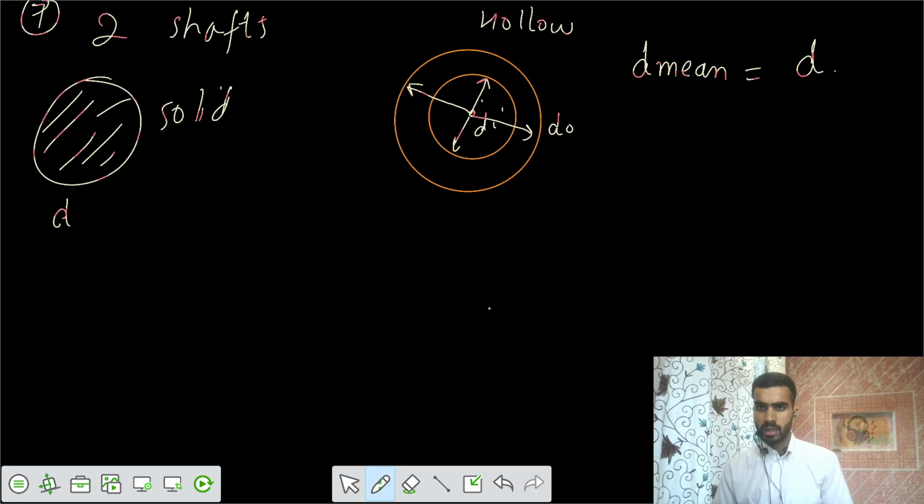So I would write D outer plus D inner by 2 as the mean diameter. Let's call it dm.